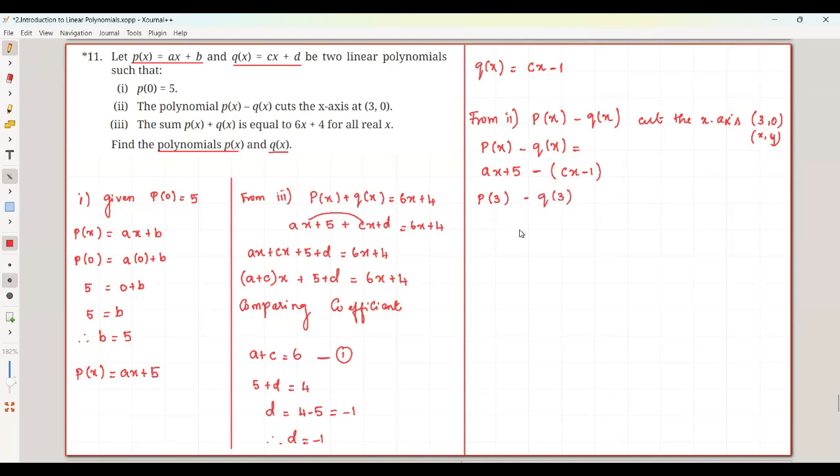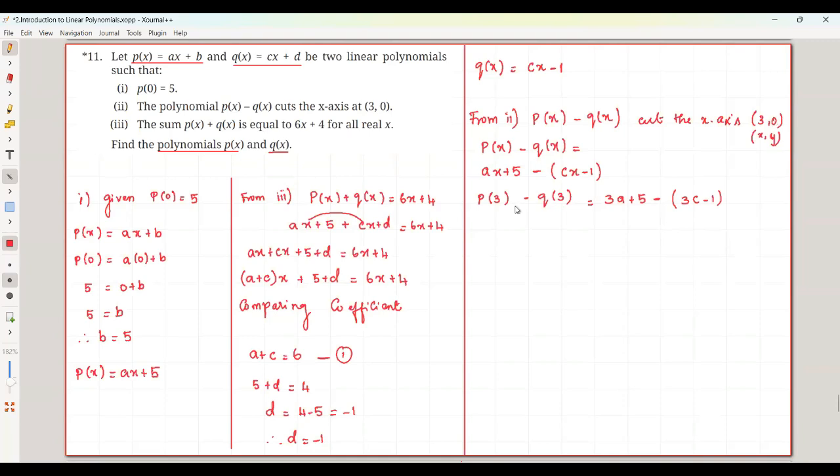So what will come? x value is 3 means a into 3, that is 3a plus 5, and minus q of x. In the place of x I have to substitute 3, so this will become 3c minus 1.